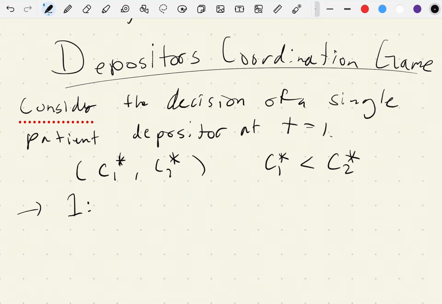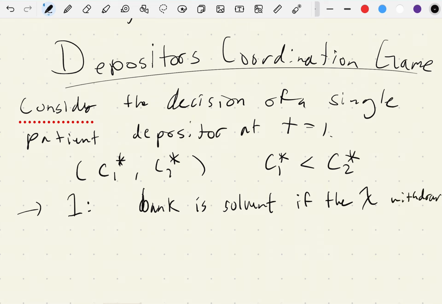So only if the lambda truly impatient depositors withdraw, the bank remains solvent.